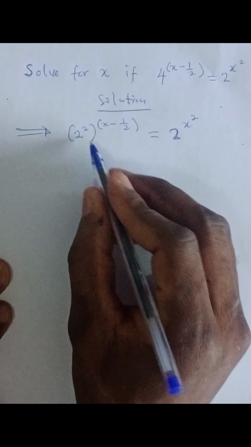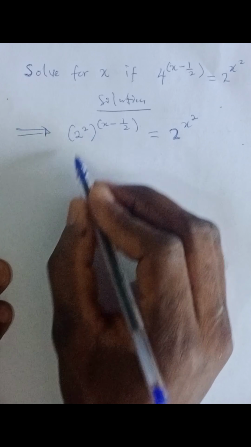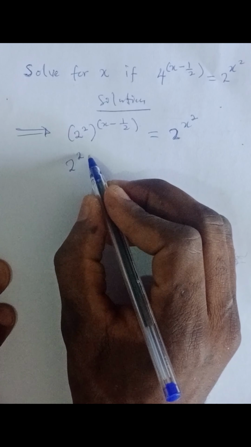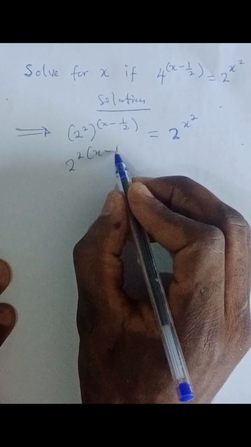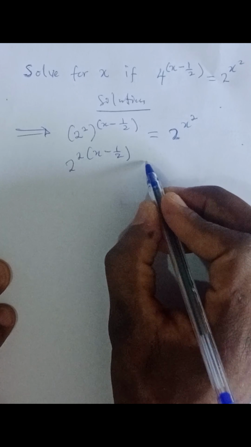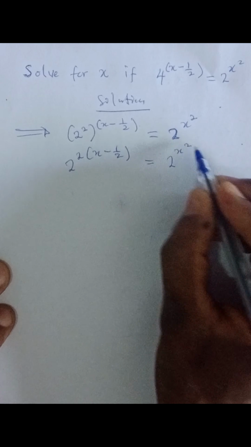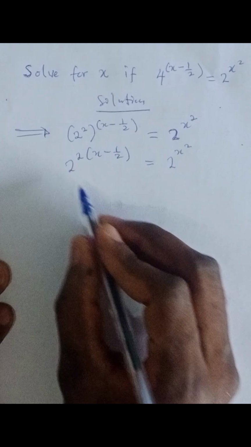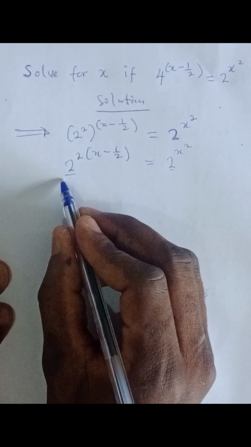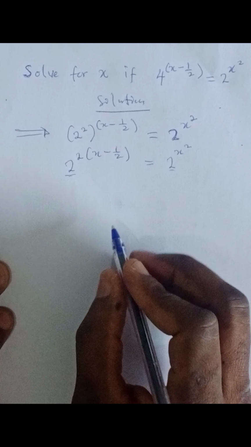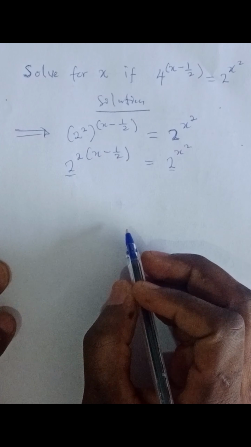Now this can be written as 2 raised to the power of 2 times (x minus 1/2) equals 2 raised to the power of x squared. All right, so here we have the same base, right? So the bases are equal on both sides. In that way, we can equate the powers.